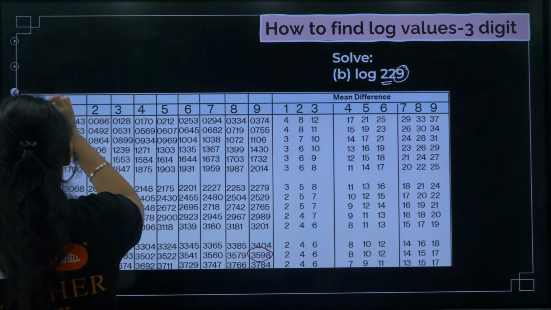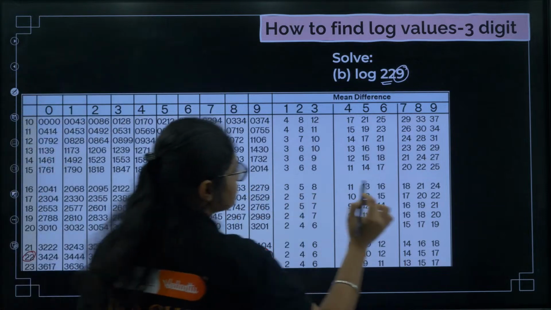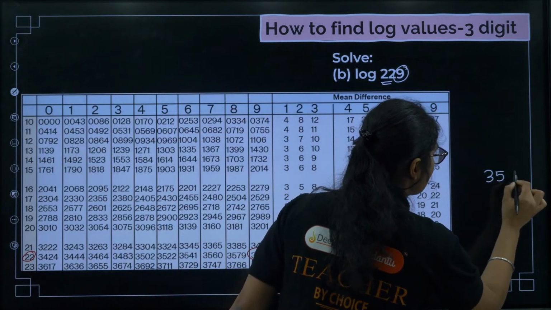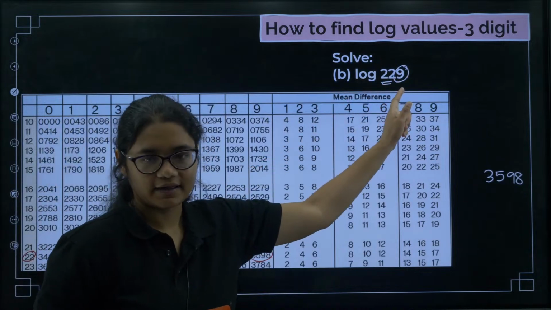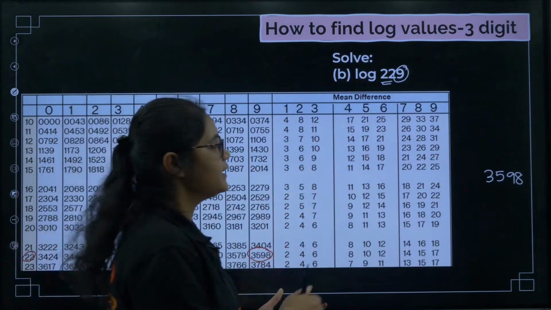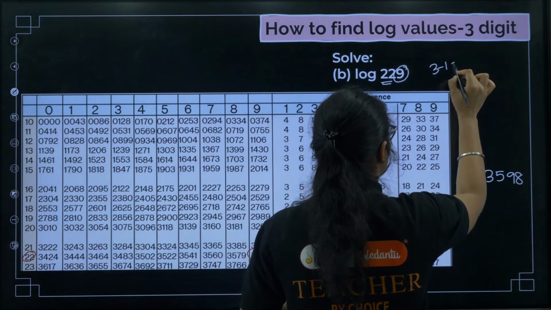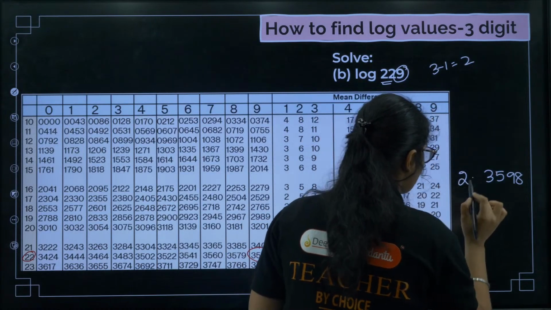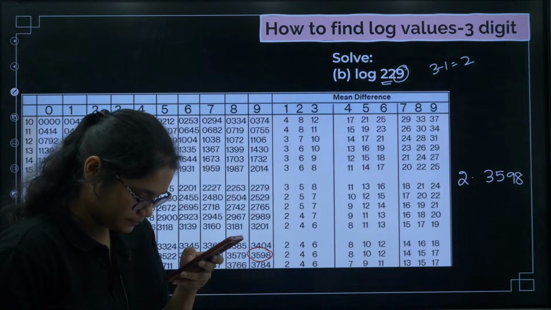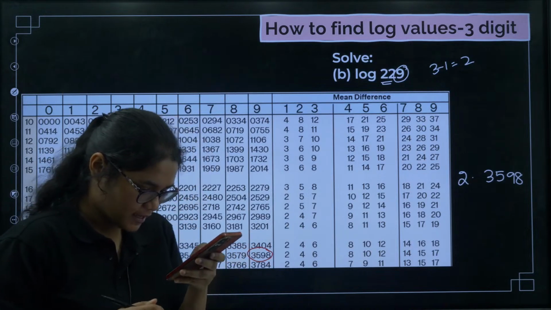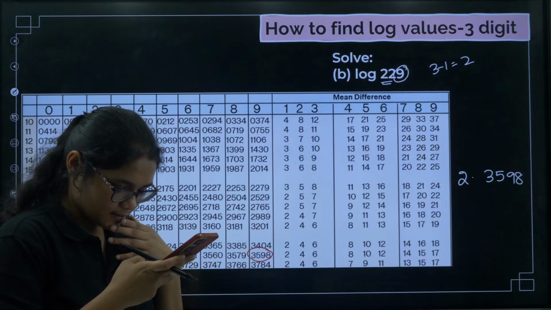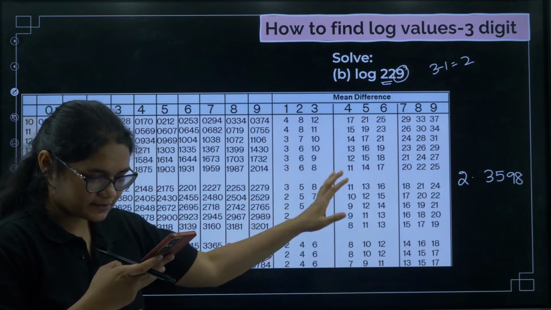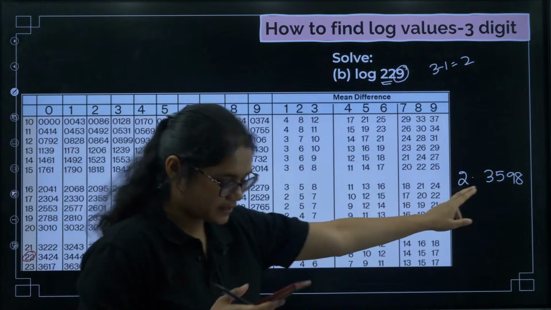So what I will do? 3598. Now how many digits are there? 3 digits. 3 minus 1 I will do, that is 2. So I will get 2.3598. Yes students, please tell me if you are getting this one. Is 3598 what we got?